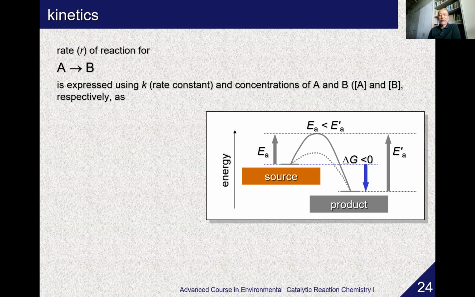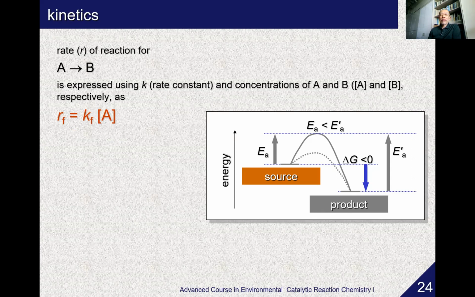This is a very basic point: a reaction, not an equilibrium, from A to B. With the rate constant k, how is the rate R of the reaction from A to B expressed using k and the concentrations of A and B? It is a very simple question. So, is it okay? F is the forward reaction, from A to B, and RF equals KF times the concentration of A. There is no dependence on the concentration of B because only A is converted into B. So this is the forward reaction.